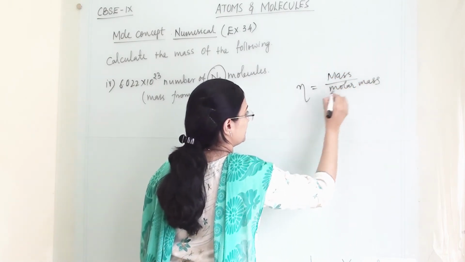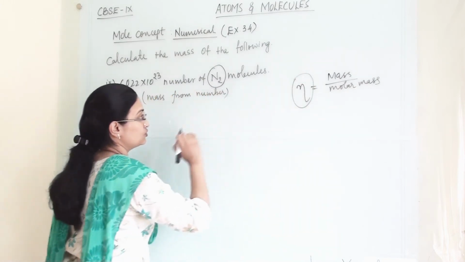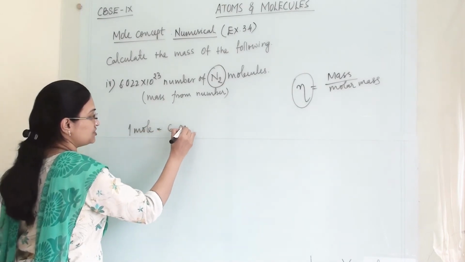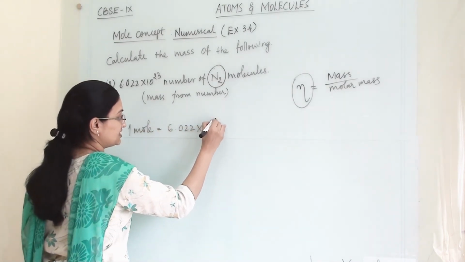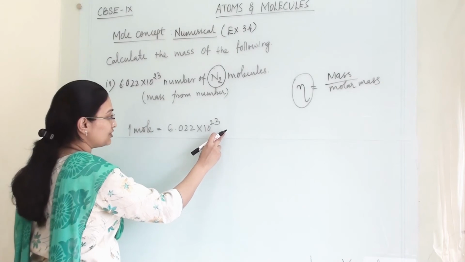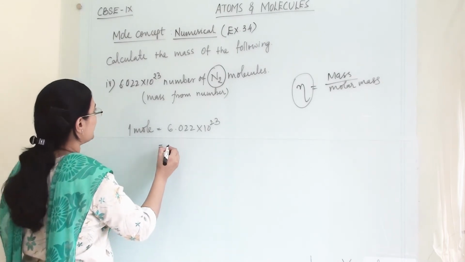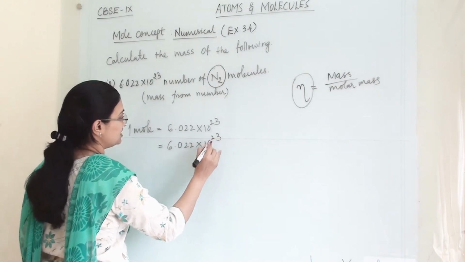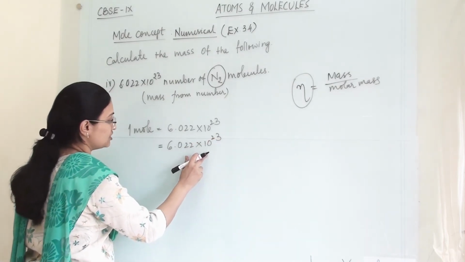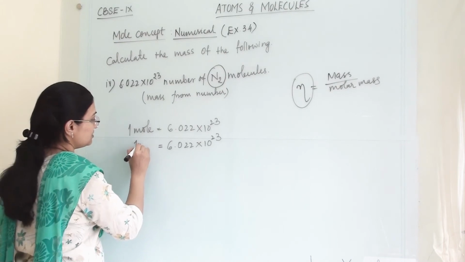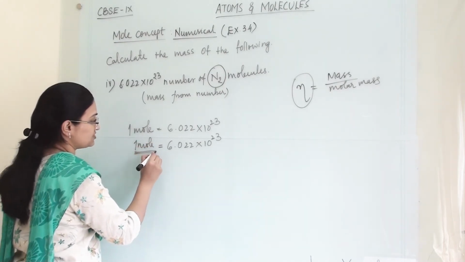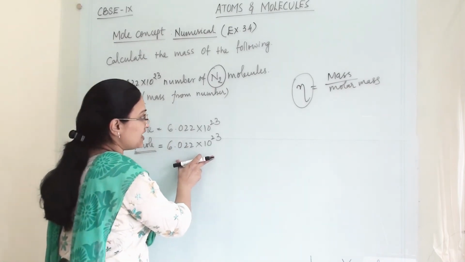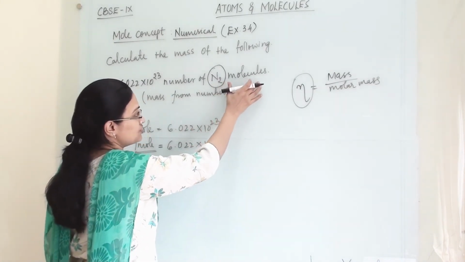So first we are going to find out moles. So in 1 mole, 6.022 into 10 raised to 23 number of molecules are there. Then we have 6.022 into 10 raised to 23 number of molecules. So that's why it is 1 mole of substance. Number is same. So we have 1 mole of nitrogen molecule.